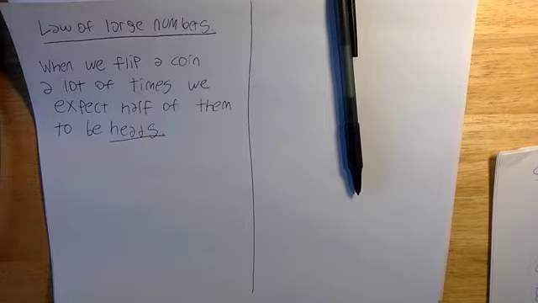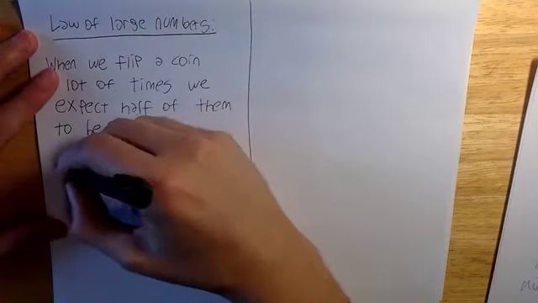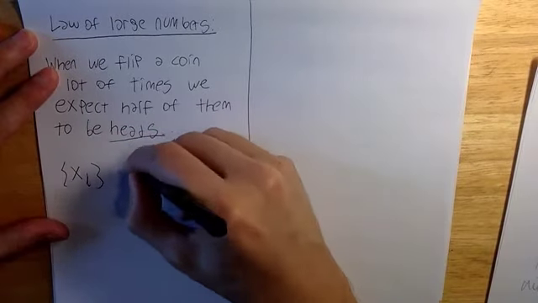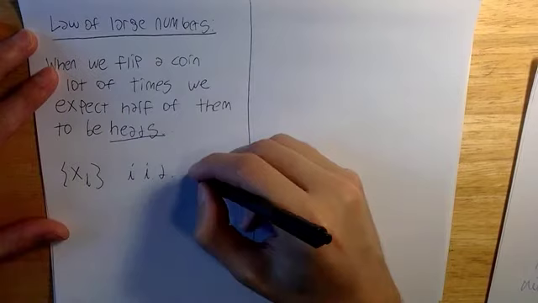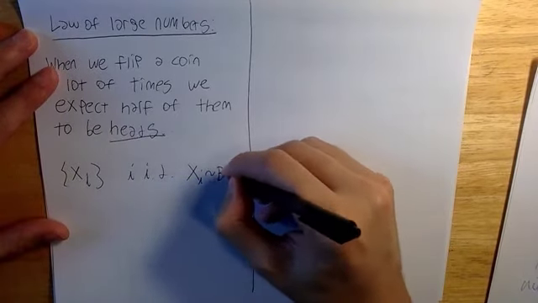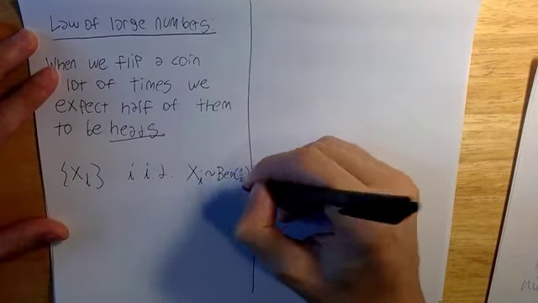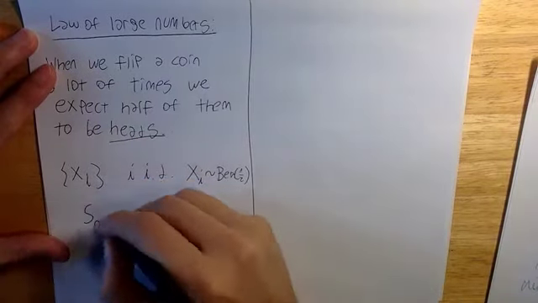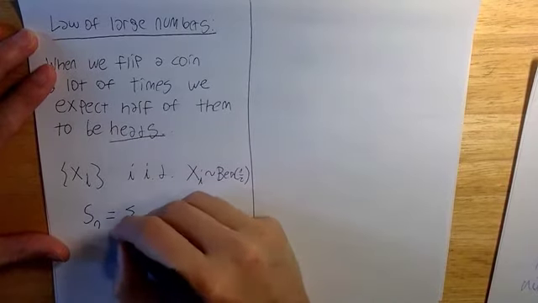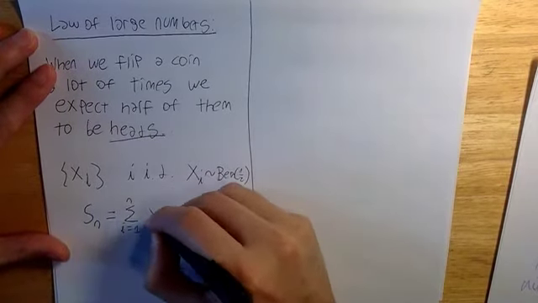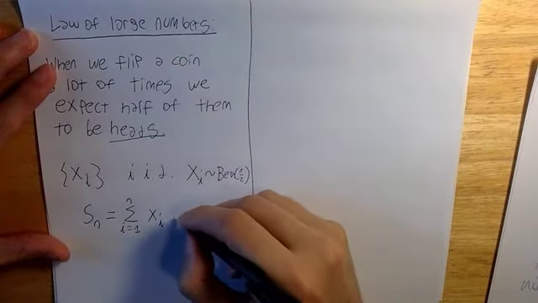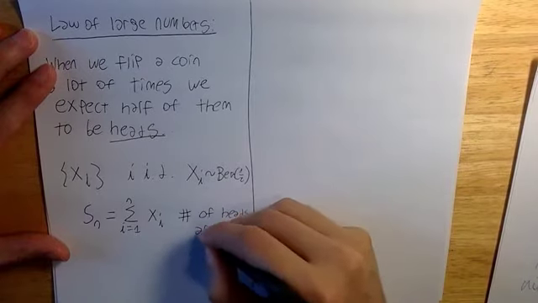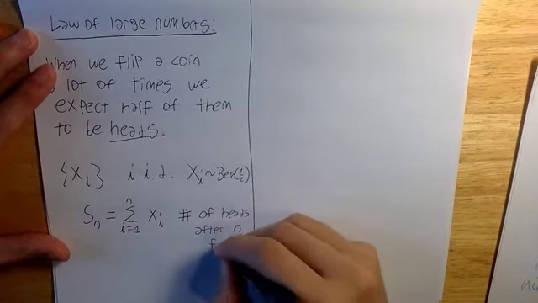So let's say that we take xi, which is a family that is IID, and xi is Bernoulli with parameter 1/2. So the idea is to take Sn, which is the sum from i equals 1 up to n of xi, and this is the number of heads after n flips.